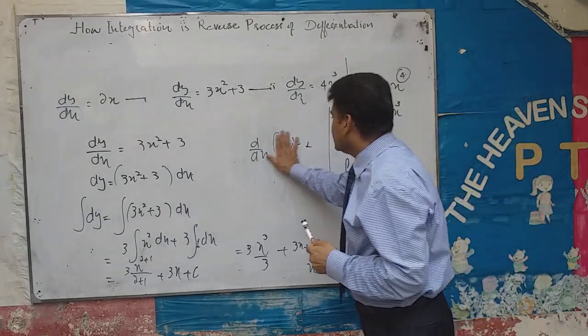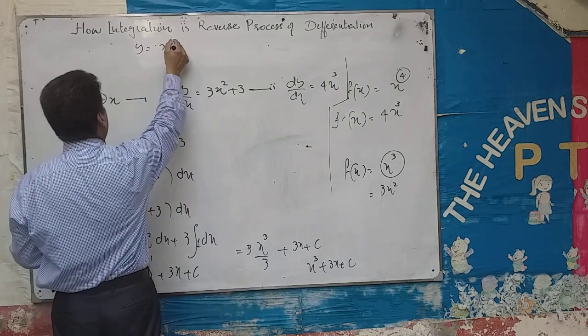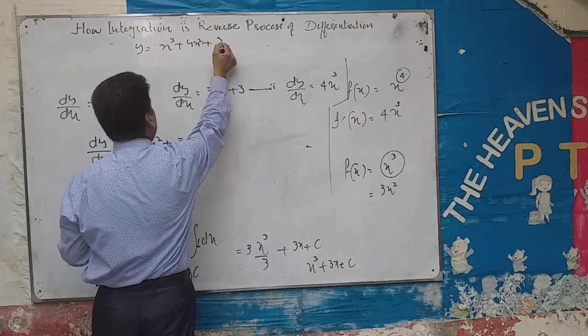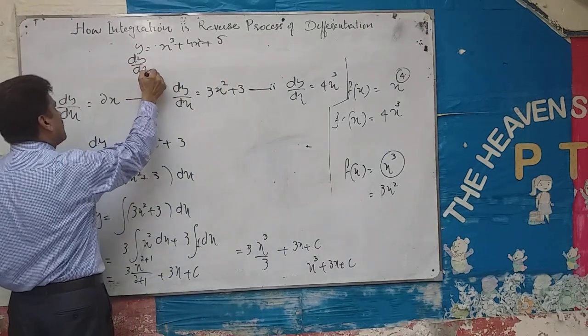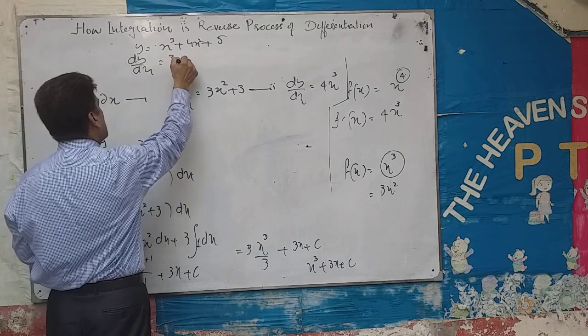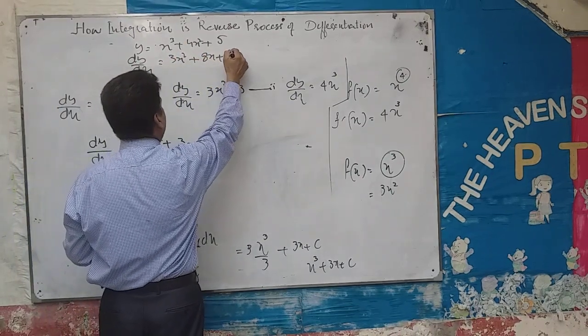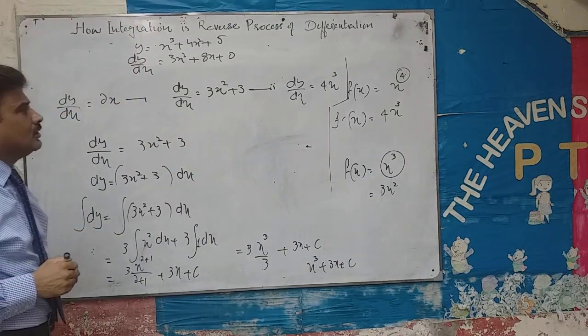To understand this, look at this. If we have y equal to the function x cubed plus 4x square plus 5, its derivative is 3x square plus 8x plus 0. The derivative of any constant is 0.